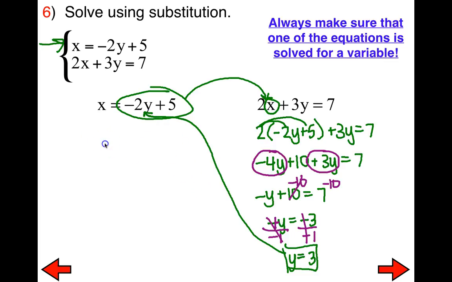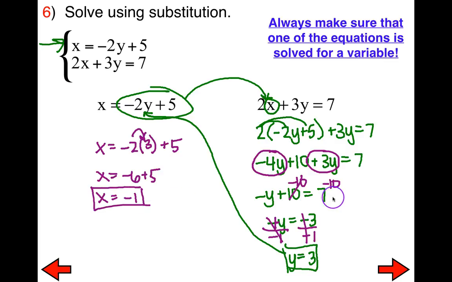So now we're left with x equals negative 2 times the quantity, where I replace that y with a 3, plus 5. Now I'm left with x equals negative 2 times 3, which is negative 6, plus 5. That gives me x equals negative 1.